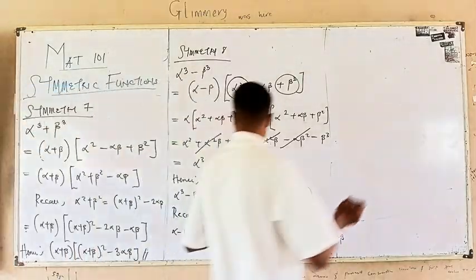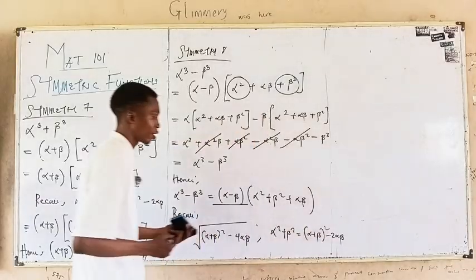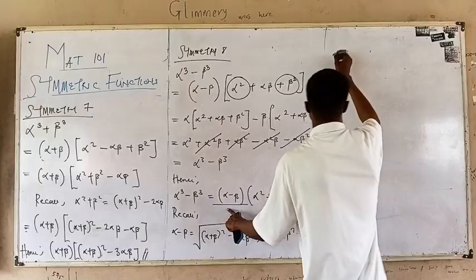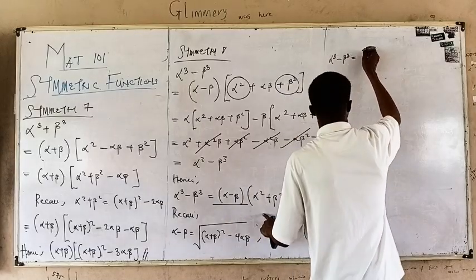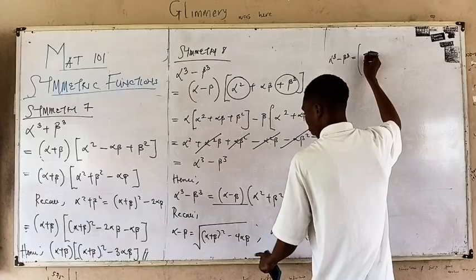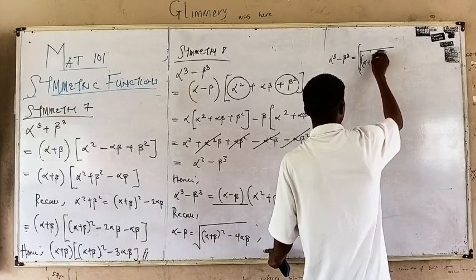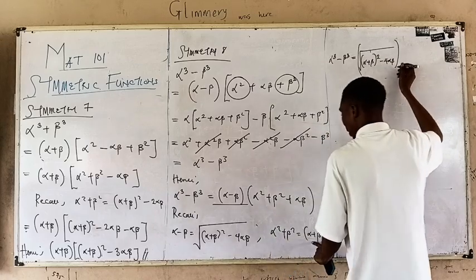So what will I have? Alpha, okay, square. Thank you. So what will I have? And the first one, alpha cube minus beta cube is now equal to what? Alpha plus beta all square minus 4 alpha beta.